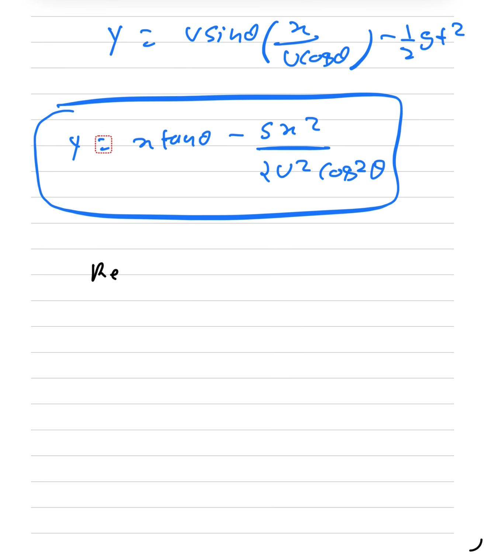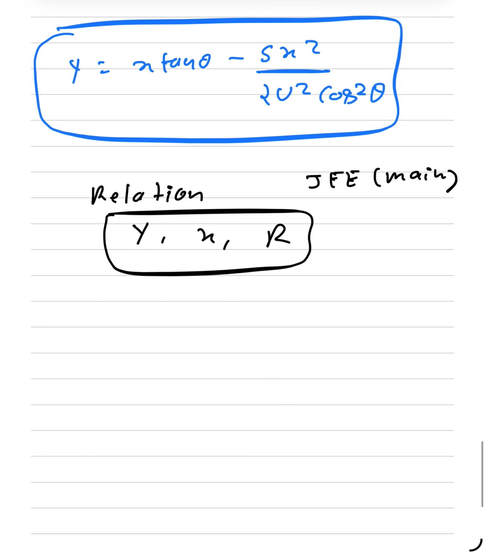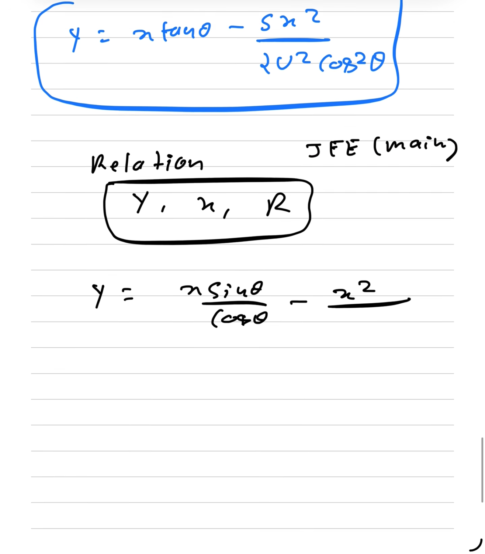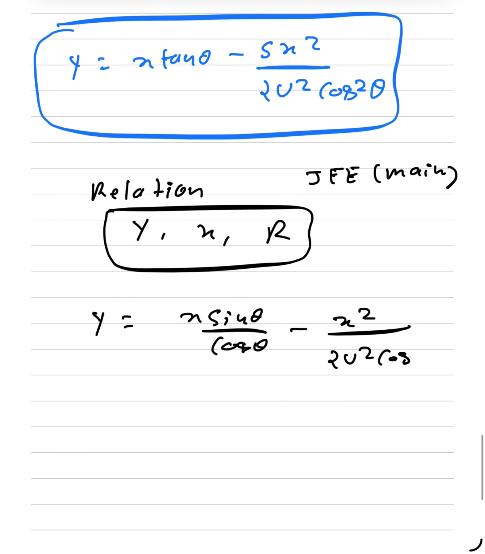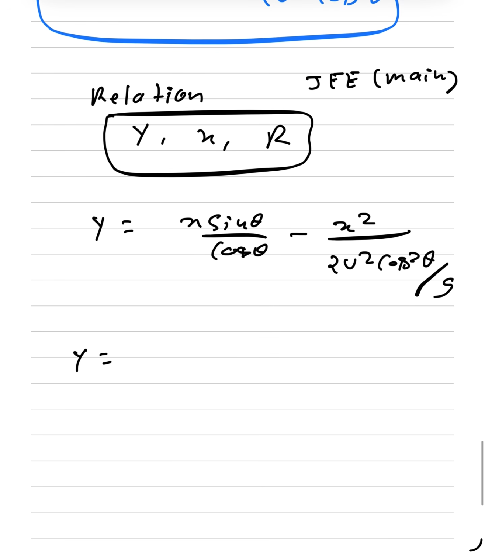And next, the relation between y, x and R. What is the best relation between them, and most important for the JEE Mains exam, right. Using this formula, y equals x sin theta divided by cos theta minus x square divided by 2 u square cos square theta divided by g.